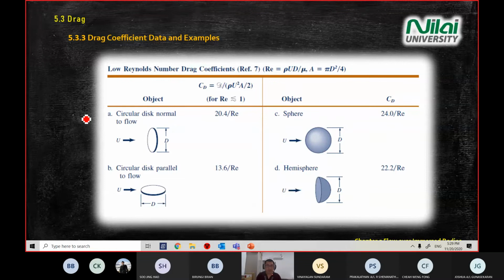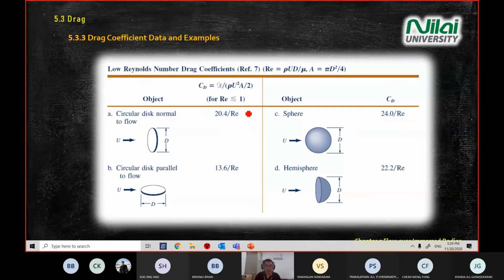So this diagram gives you the low Reynolds number drag coefficient, given by the Reynolds number equation again. You have 4 objects here, 1, 2, 3, 4. One is a slice of a cylinder perpendicular to the upstream. One is a cylinder slice where the flow is parallel to the surface, top and bottom.